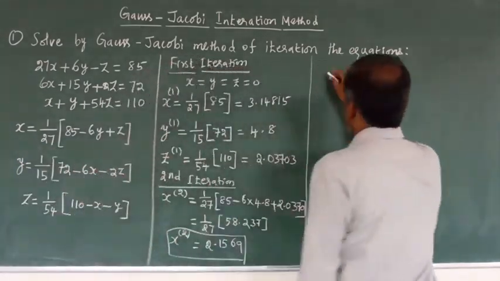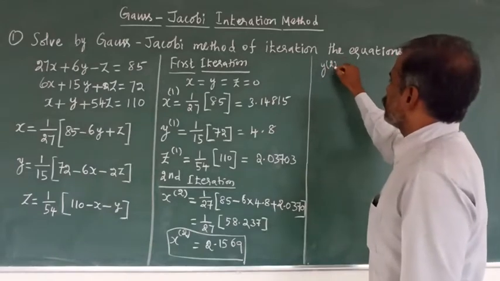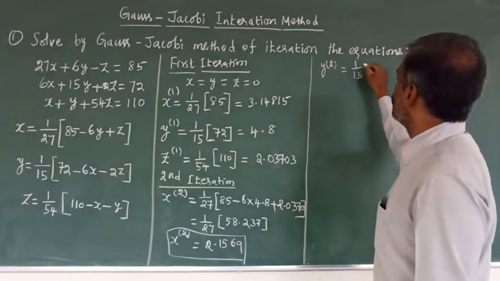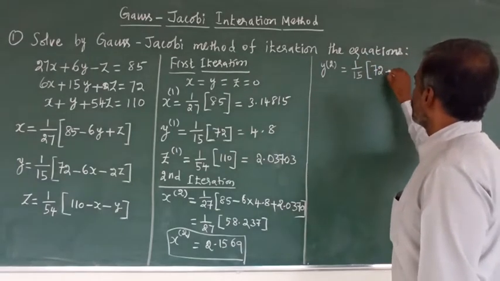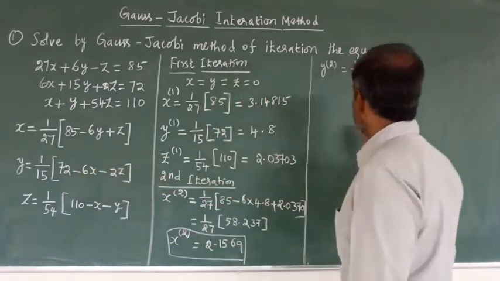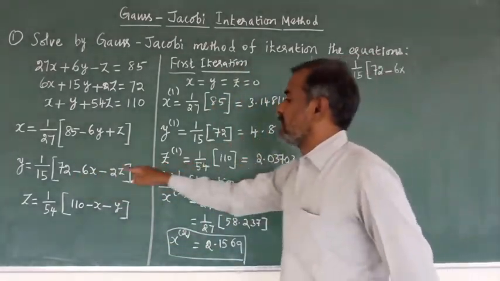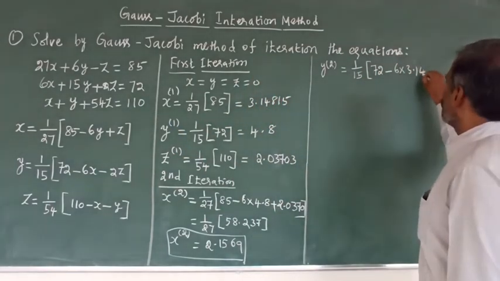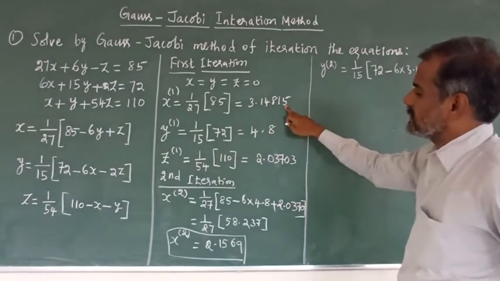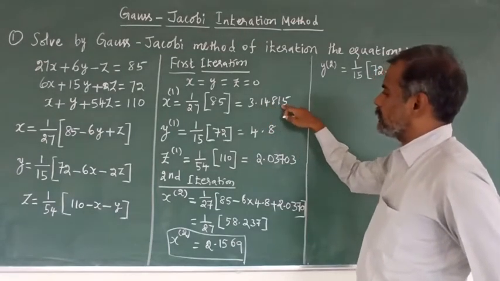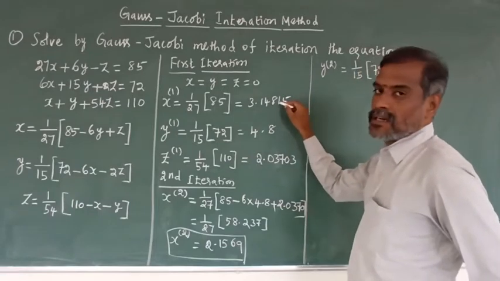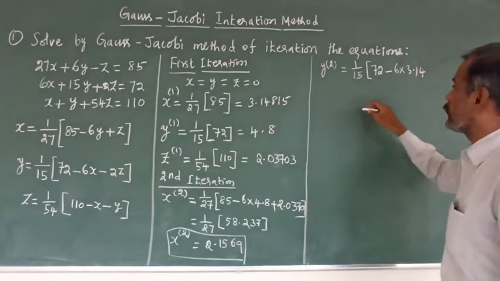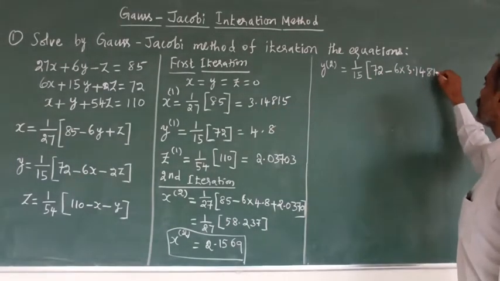Next, the second iteration of y: 1/15 (72 - 6 into x of first iteration, 3.14. After the decimal point we take 4 decimal places, and above 5 we take one more digit, so 3.1481.